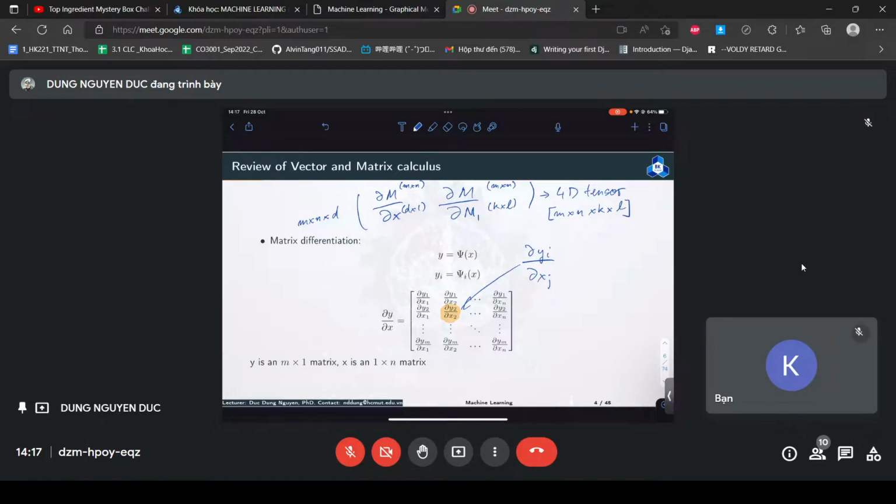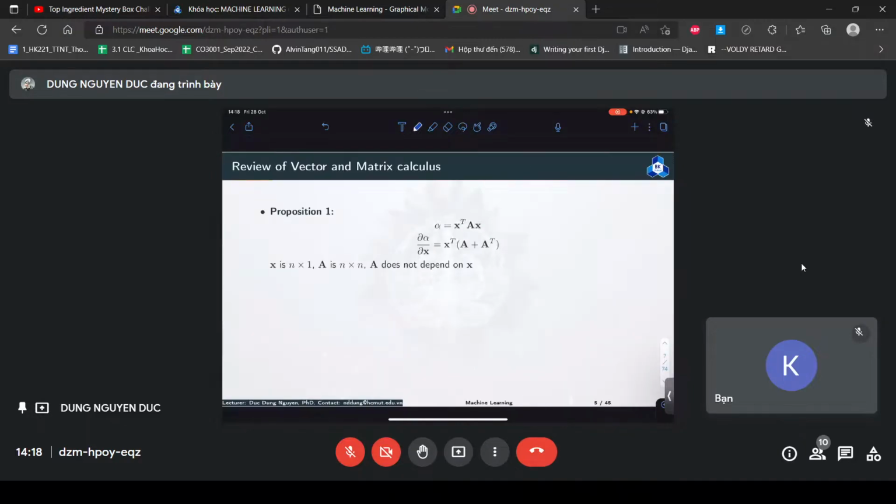So overall, taking the derivative of a matrix, a vector, or even a tensor with respect to another vector or matrix is not so hard. It's just how you represent it in a high-dimensional tensor, and that would be easy. But that's just in theory. In practice, we do not encounter such things.